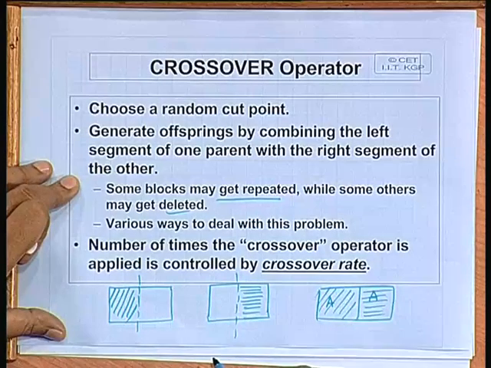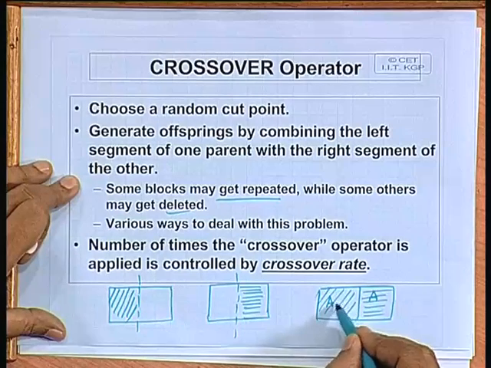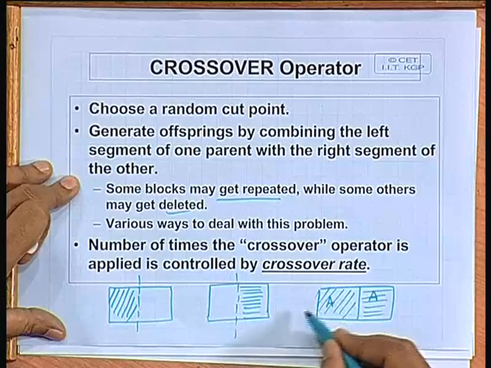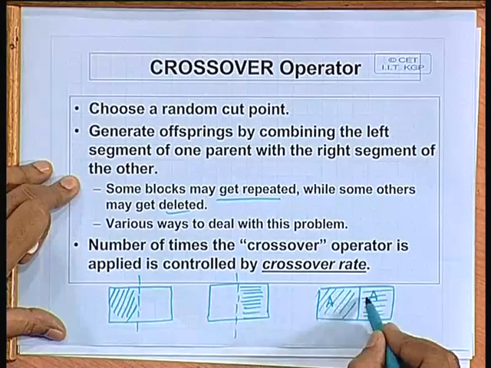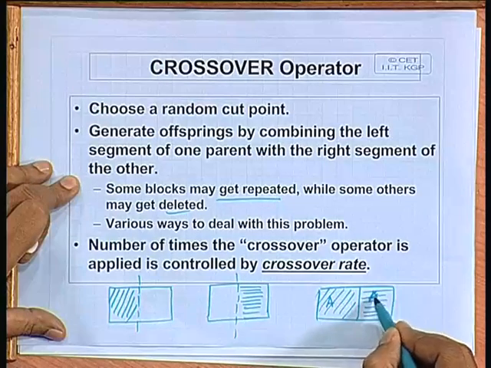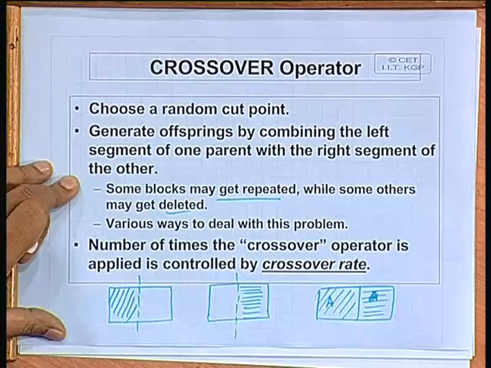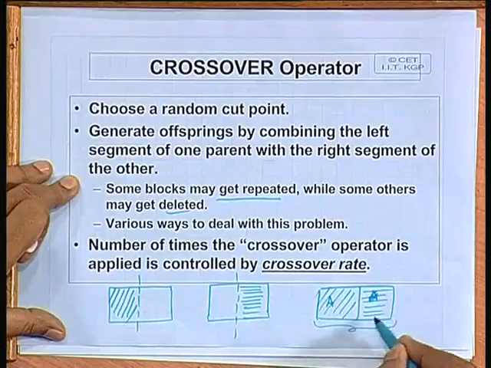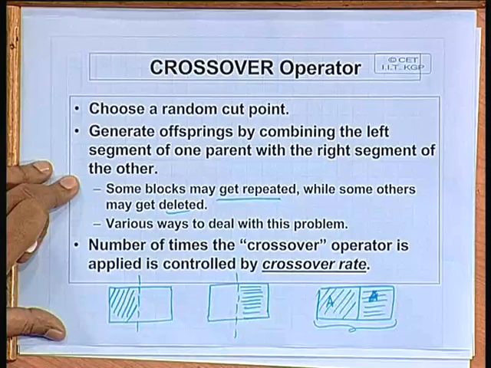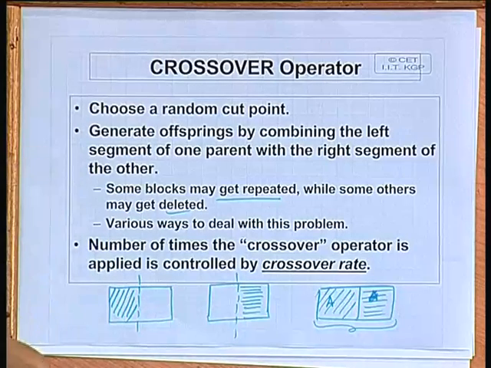Naturally, some block which was here is missing. So, you find that through a search and you replace this block A by the other one, to get a feasible solution. Which one to replace among these two A's is just a matter of how you implement it.